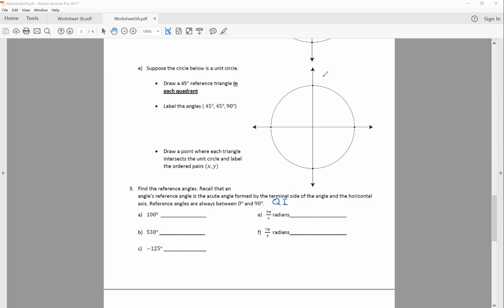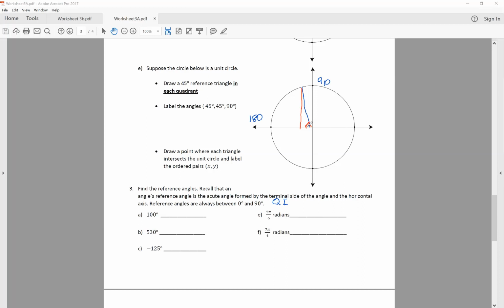100 degrees, well, this is 90. This is 180. So 100 is in quadrant 2, somewhere around here. If I want to find my reference angle, it is this angle that's connecting that terminal angle to the x-axis.